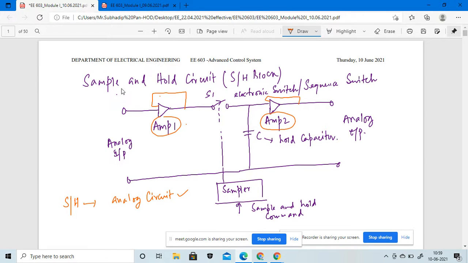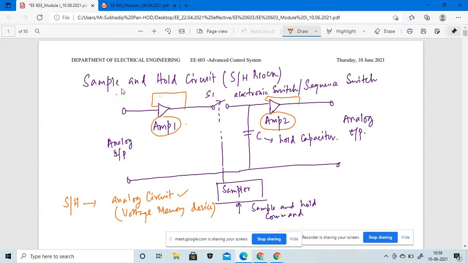The sample and hold circuit is an analog circuit, obviously, not a digital circuit. In a multiple choice question, it may be asked which type of circuit the sample and hold circuit is, so you need to understand that. The sample and hold circuit is an analog circuit, or we can say it's like a voltage memory device.